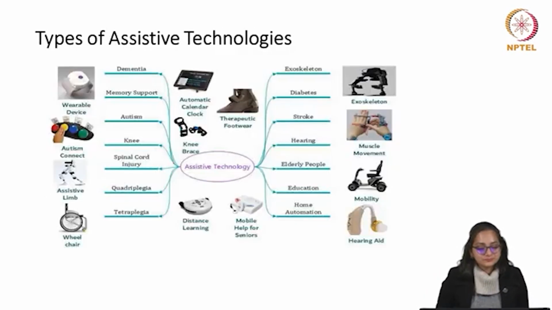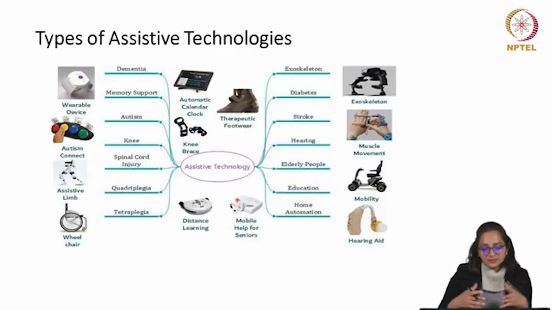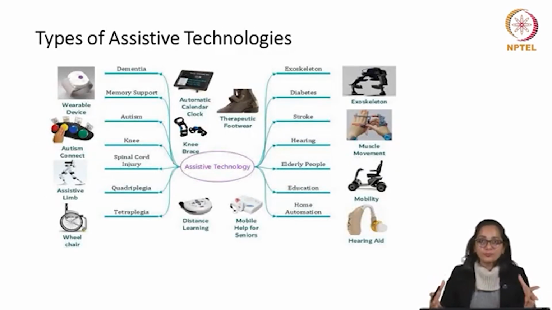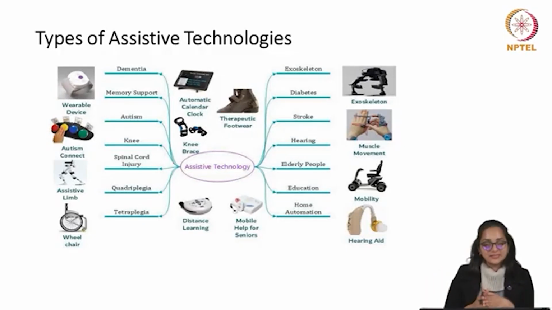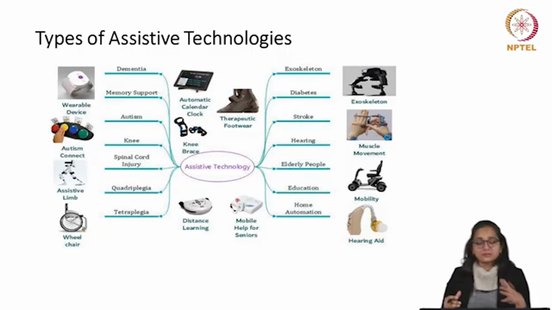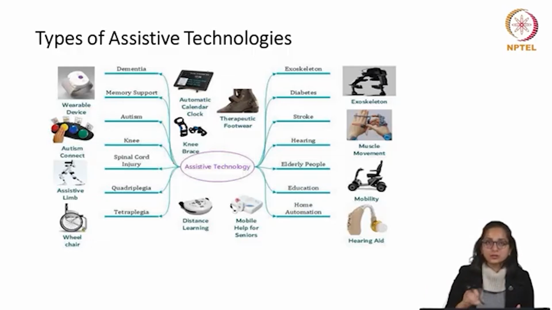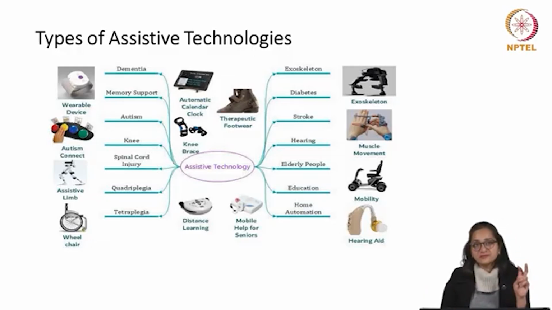Right, so there is a plethora of products which come under the category of assistive technologies. I'm sure you might have seen or heard about these products, but probably you might not have thought about them from an assistive technology perspective.